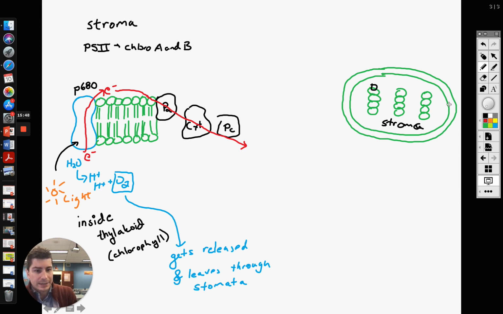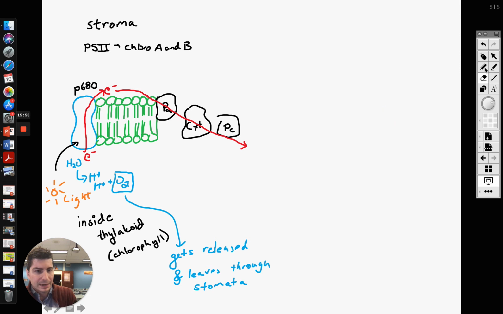In this process, like I said, guys, it's going to get messy. I'm going to have to erase this now. All right. So we still have some phospholipids in here. All right, good enough.